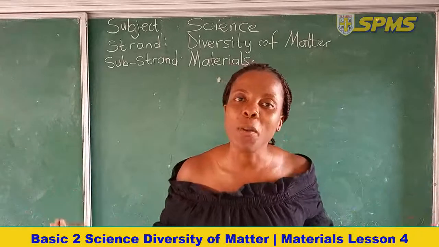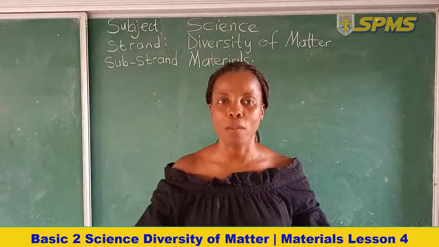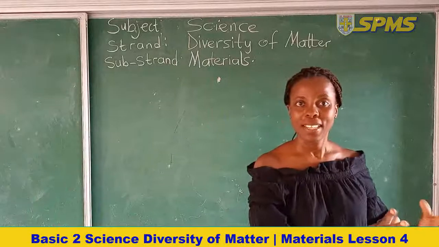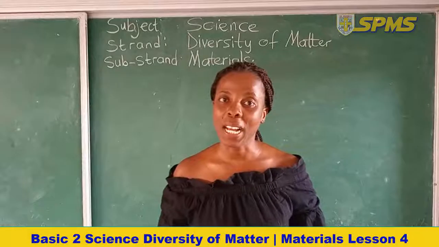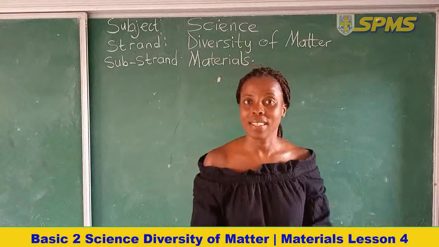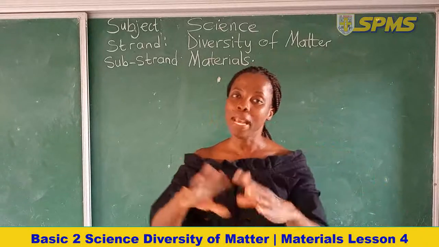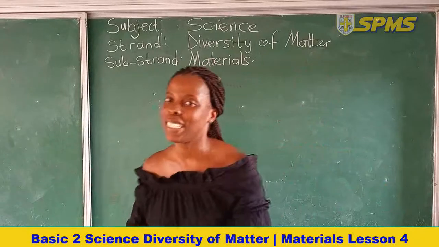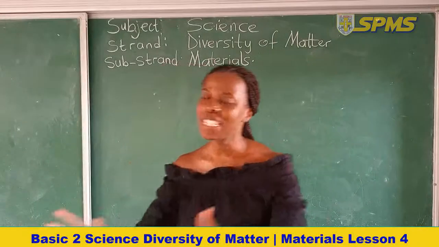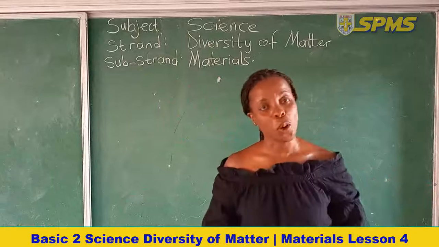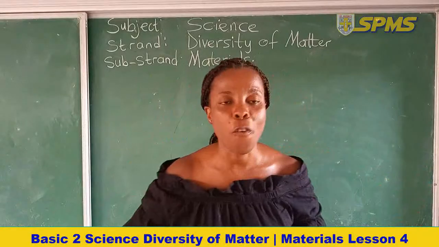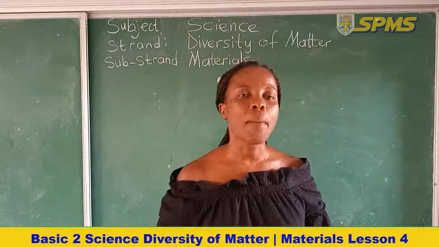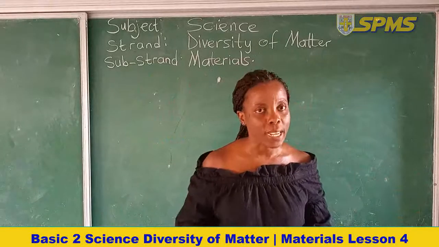So materials can come in those forms: in papers, in plastics, in metals, in cotton. All these are materials. Why? Because we can use them for other products. So they are useful things that can be used for other products.